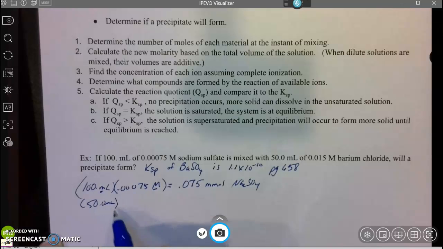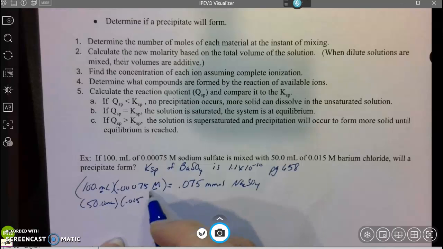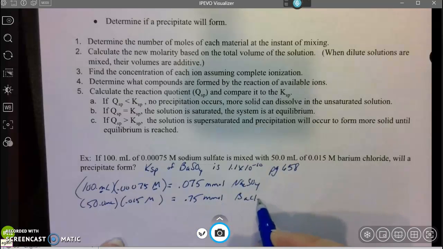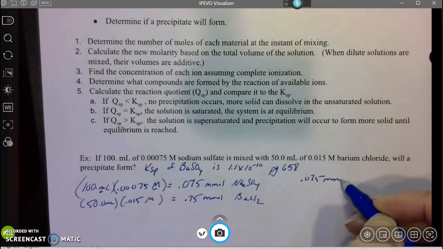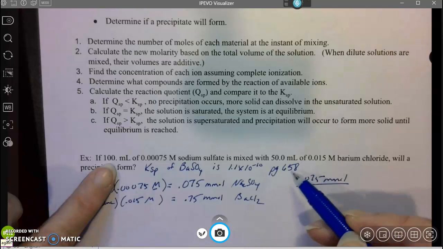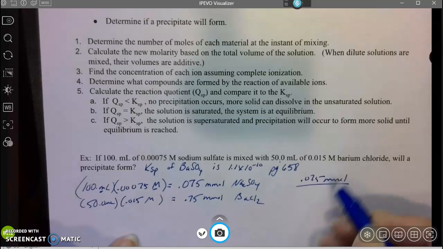I have 50 milliliters of 0.015 molar barium chloride. And then to do my molarities, I'm going to take 0.075 millimoles over, adding these two together, 150 milliliters.